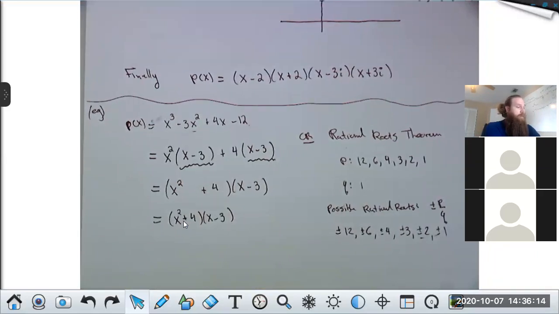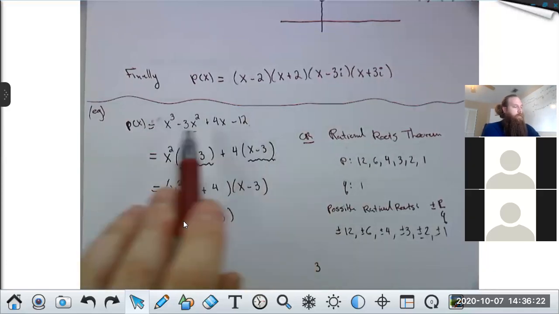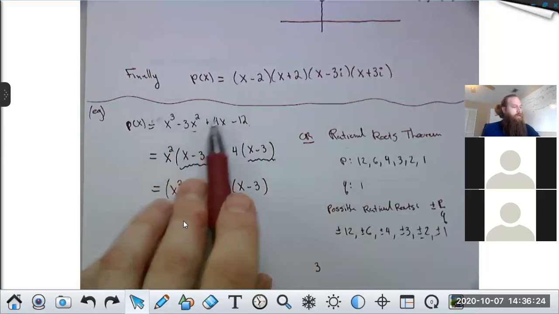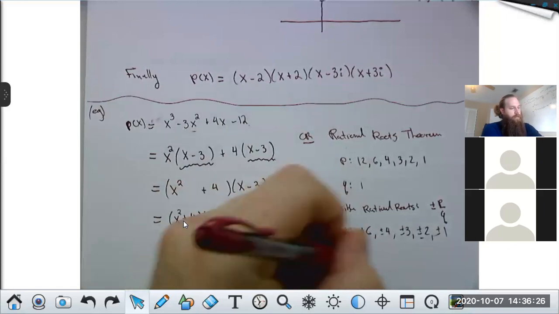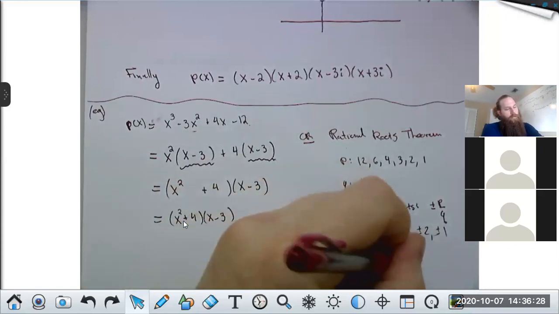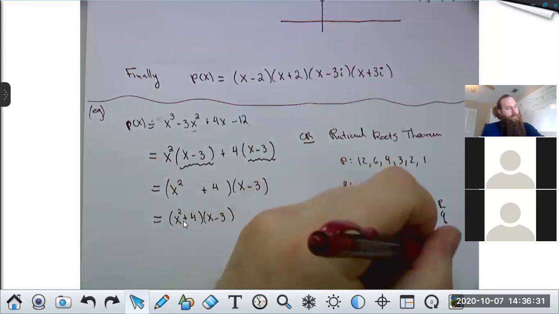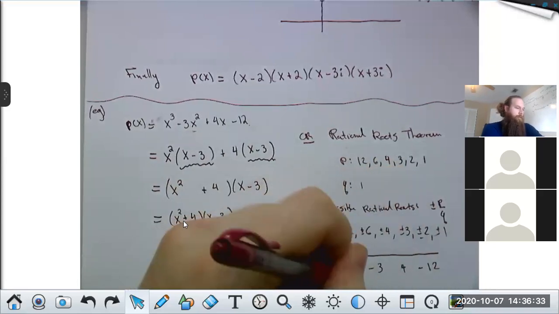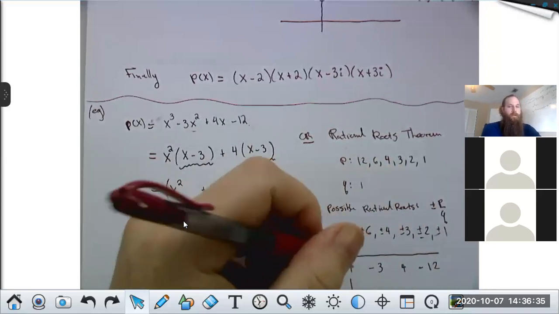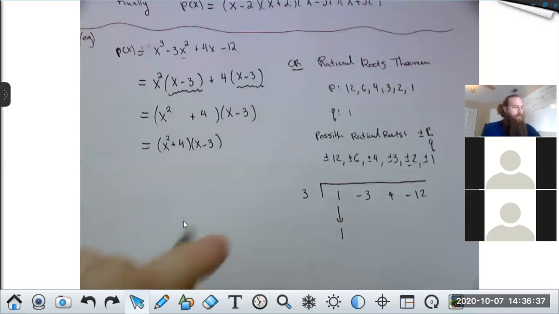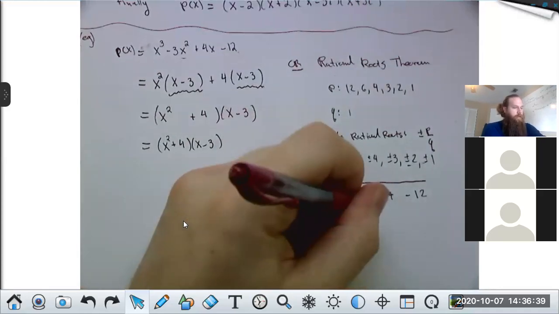I'm going to jump to checking 3 because I know that 3 works. I'll just show you how it looks. I would write 3 and then the coefficients here. So 1, negative 3, 4, negative 12. We bring down the 1. 3 times 1 is 3.